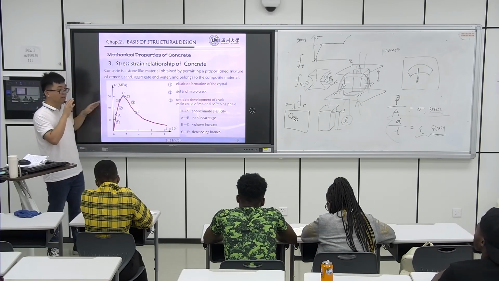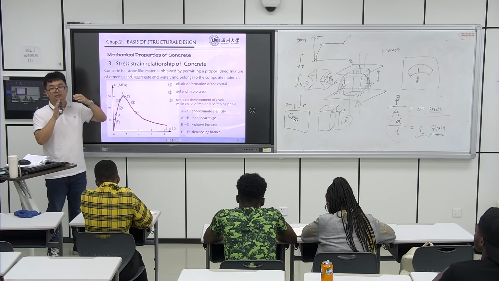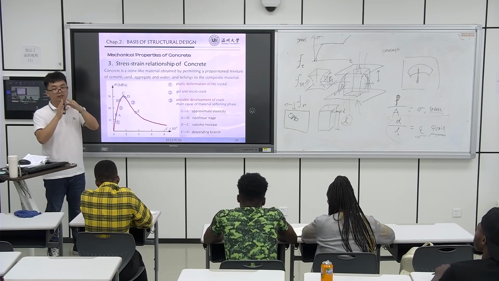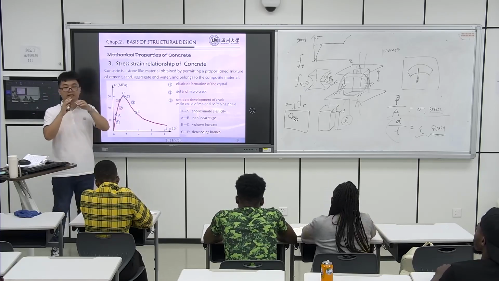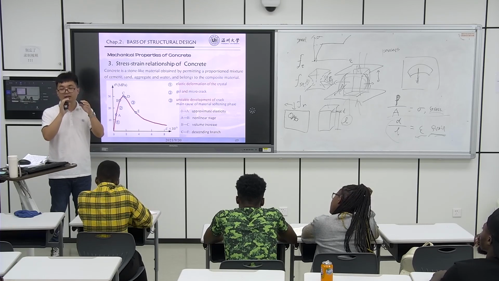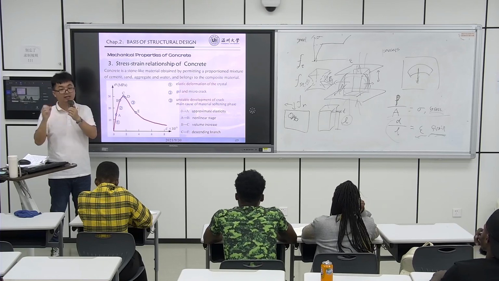But if we increase the load, they attach, and in the third stage they affect each other and couple together. The aggregate has strong stiffness, so it will destroy the cementation, right?